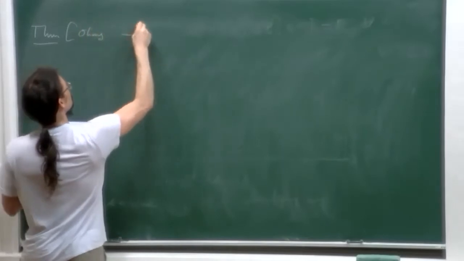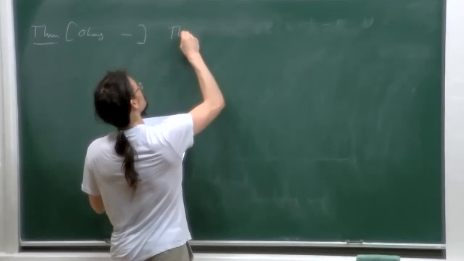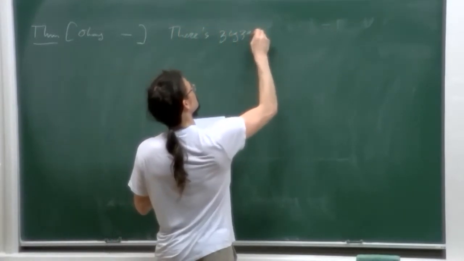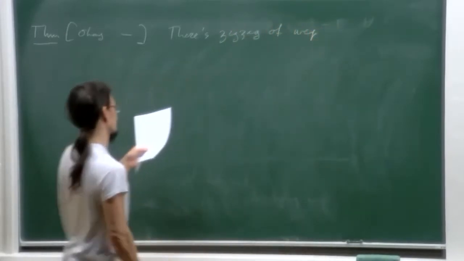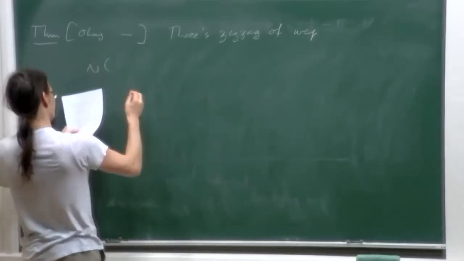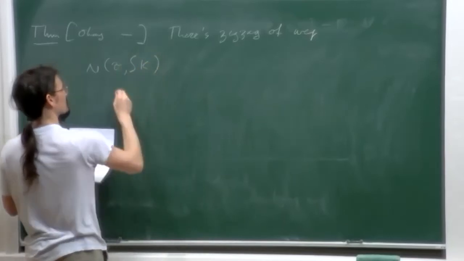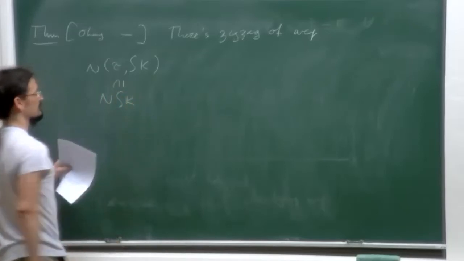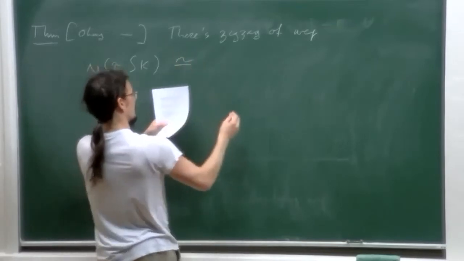Another theorem is that there's a zigzag of weak equivalences between N tau K, which, just as in the other case, is going to be a subsimplicial set of this N integral K, and the other object we started with.